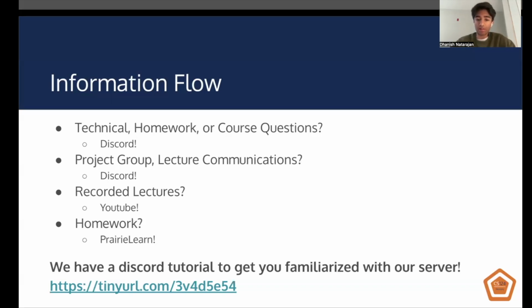And it's basically a way for you to communicate with other students and the staff on this course. So definitely make sure you have Discord and join the server and ensure that you stay active there. Check it at least once a day, and if possible, even turn on notifications as well.